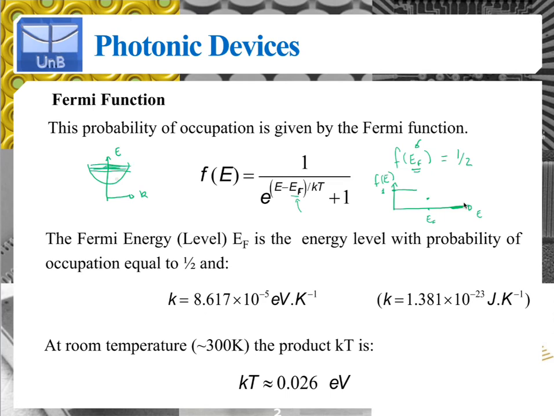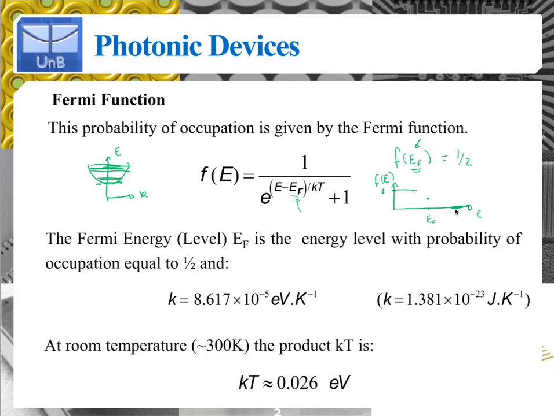Most likely, if you have just a few electrons, they will occupy the states at the bottom of the conduction band. So if there are actually electrons in the conduction band, they will be occupying the lowest states available. So the probability of occupation for smaller values of energy is closer to 1, and as you go up, this probability becomes 0. Okay, and at the Fermi level, it's exactly 1/2.